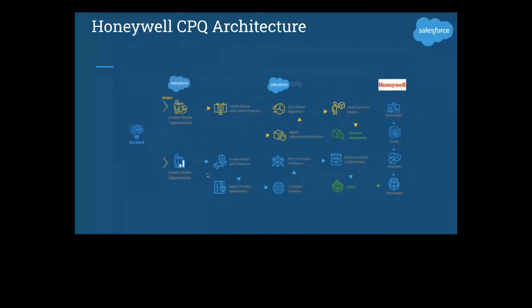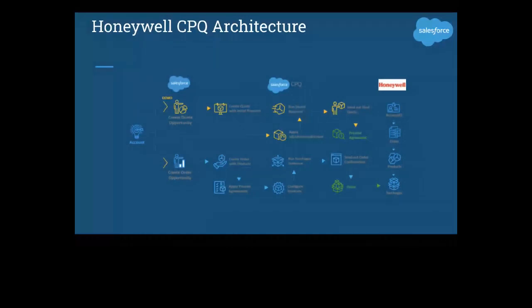Now, what about orders? How does order generation work in Honeywell? Suppose an order opportunity is generated, they'll create the order. In the other process we were carrying the quote with initial products, but here they are creating the order with the products the customer has defined.